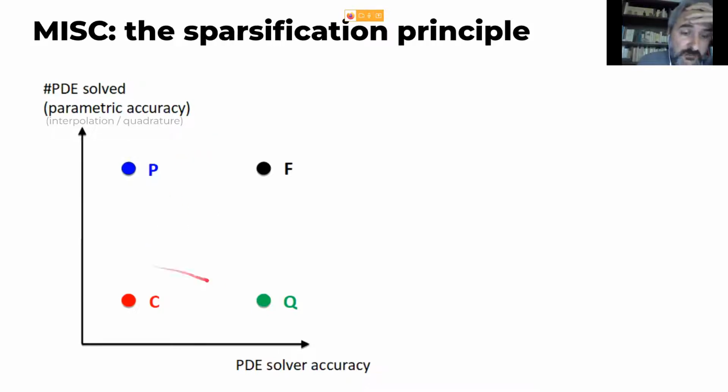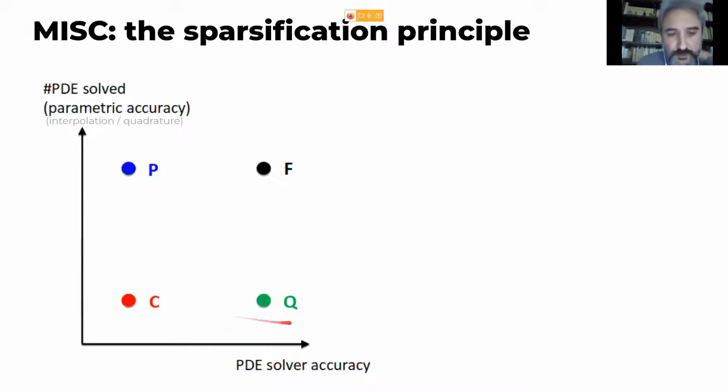So imagine a very simple setting where you only have 4 possible discretizations. I call them C, Q, P, and F. And you select which of these 4 discretizations by tuning, I would say, 2 knobs. One knob selects the accuracy of the PDE solver, so essentially gives you which mesh you're using.